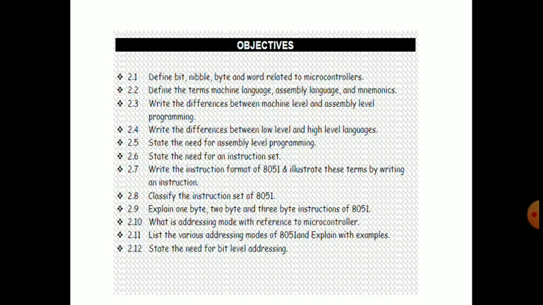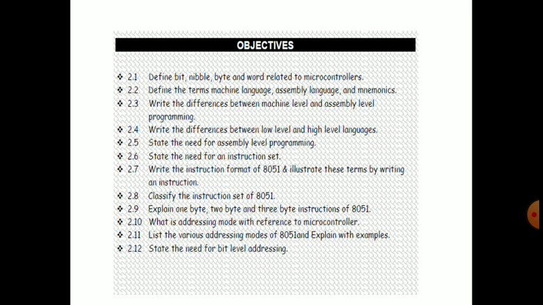Now moving on to the topic, the objectives of this second chapter are: definition of bit, nibble, byte and word related to microcontrollers, and define the terms machine language, assembly language and mnemonics. We call it mnemonics.